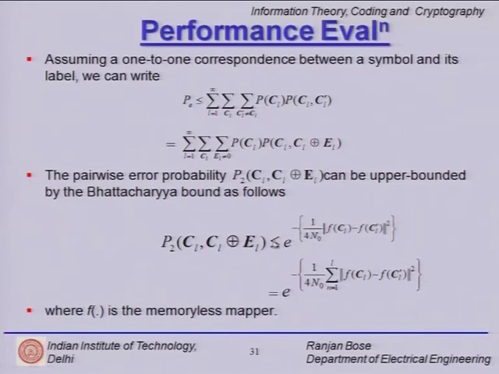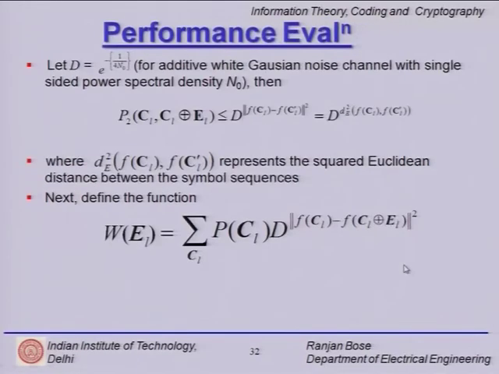So, this is how we are using the Bhattacharyya bound to get into this Euclidean distance concept. So, now define capital D as e raised to the power minus 1 over 4 N0. So, this will help us write this in a compact form. So, now this pairwise error probability is upper bounded by D raised to the power of the norm of f(CL) minus f(CL prime), okay, and this is nothing but the squared Euclidean distance between these two.